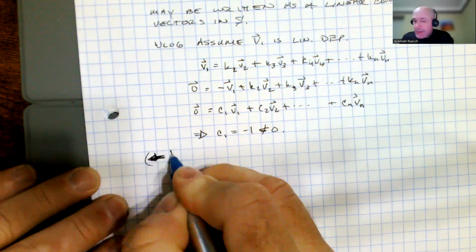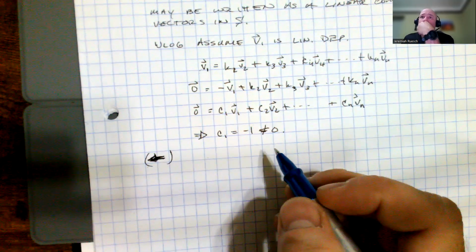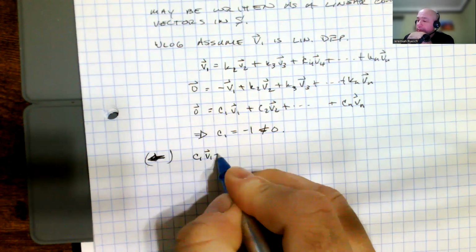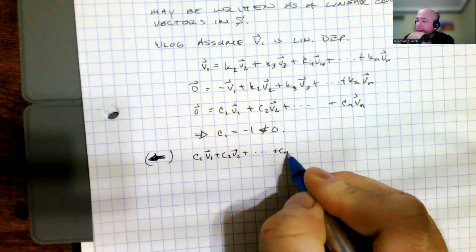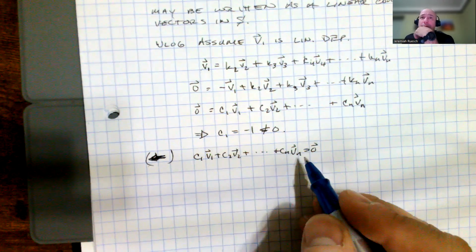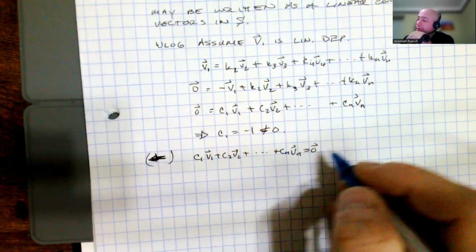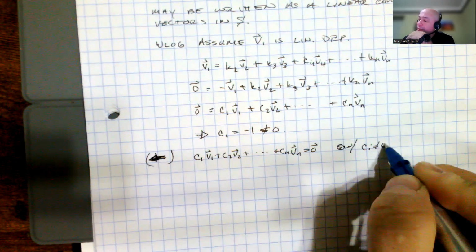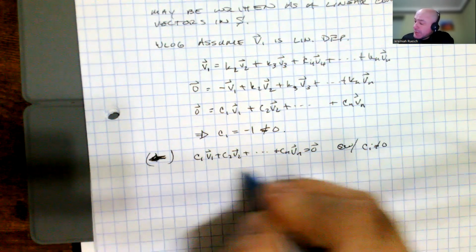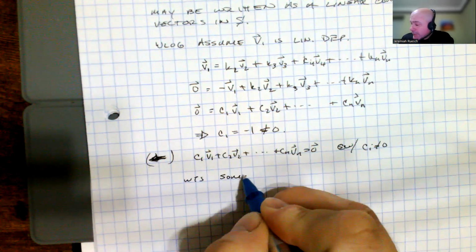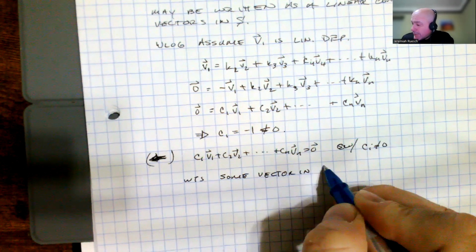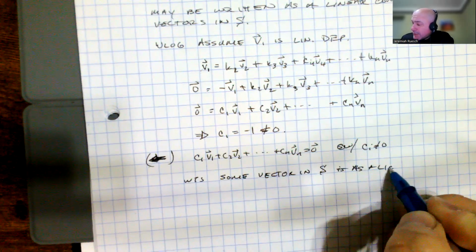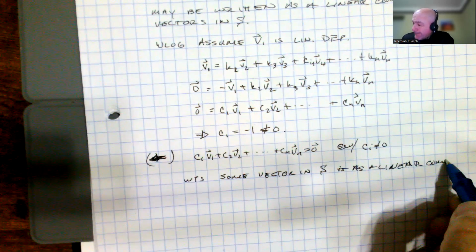In this direction, we want to show that given this linear combination c1 v1 plus c2 v2 plus dot dot dot plus cn vn equal to 0, with some ci not equal to 0, some vector in S may be written as a linear combination of the others.